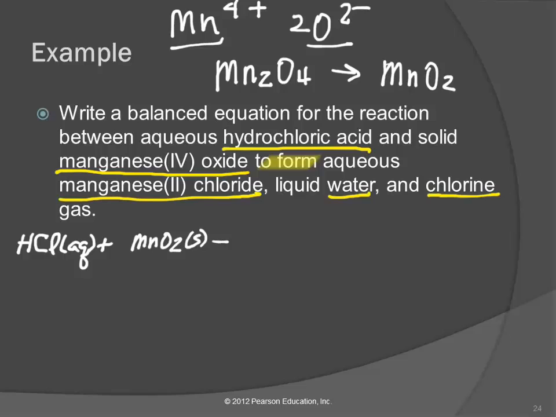And this forms aqueous manganese 2 chloride. Well, let's see, I need some more scribbling. So manganese 2, Mn2 plus, chloride is minus 1. Not the same, crisscross works on this one, MnCl2.